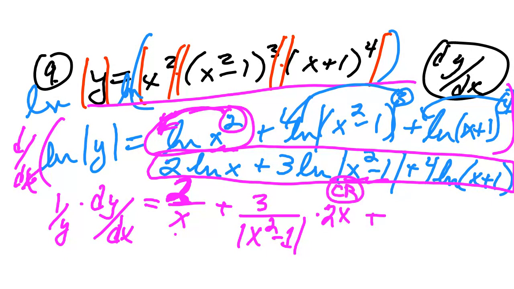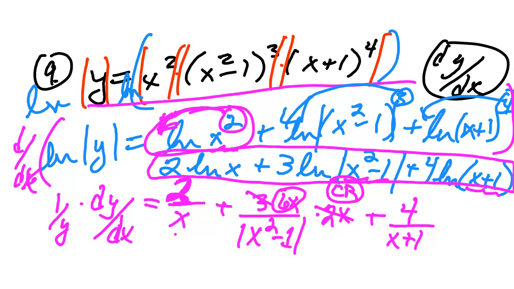And then plus 4 times the derivative of natural log of x plus 1, which is 1 over, and then the derivative of what's inside is just 1, right? So we have this, and then, of course, I could rewrite 3 times 2x as 6x here, right? Things of that nature.